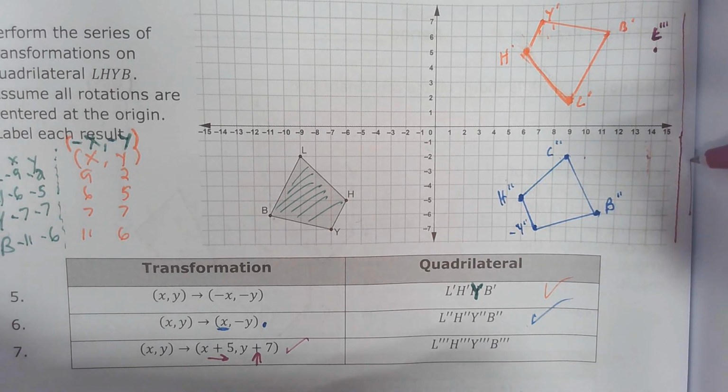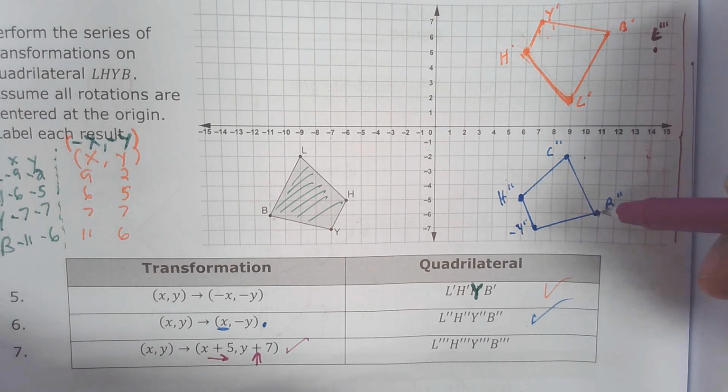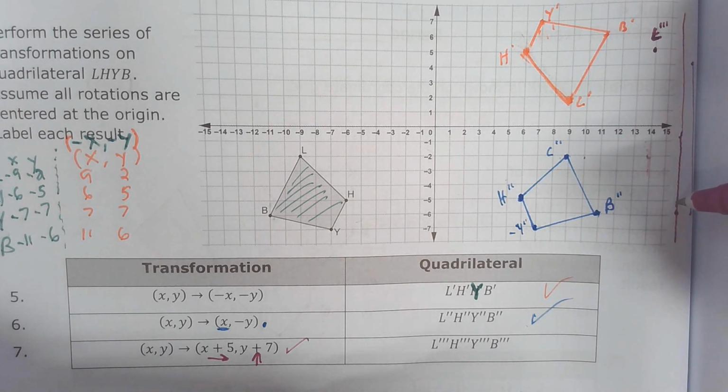And go up 5, 1, 2, 3, 4, 5. It's going to go up from negative 6 to 1. We'll call that B triple prime.